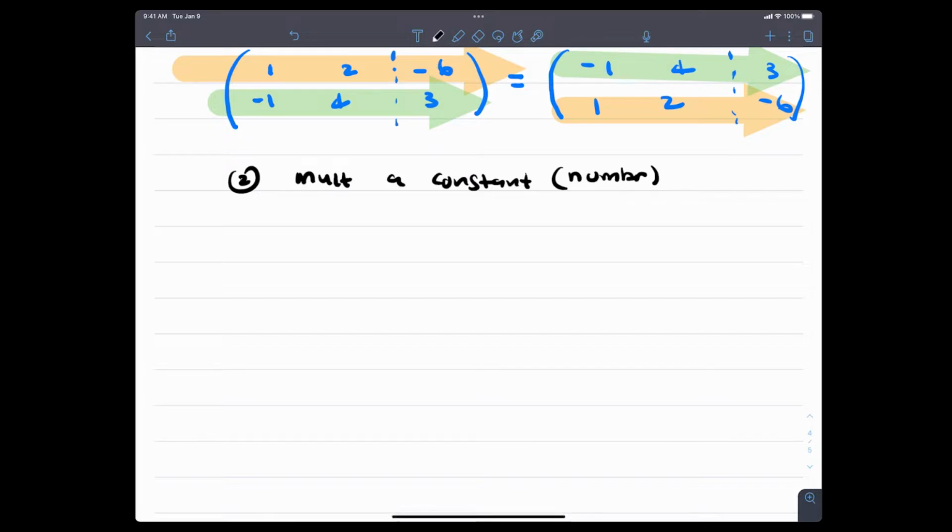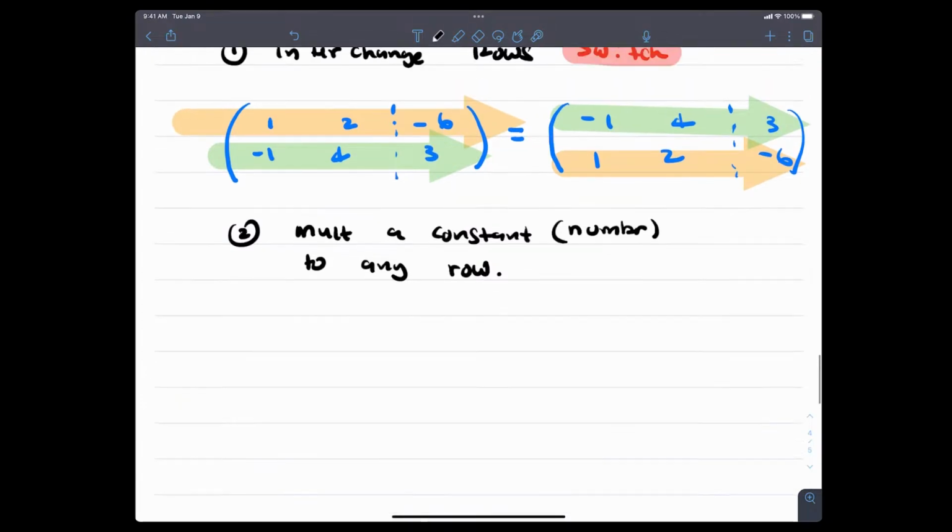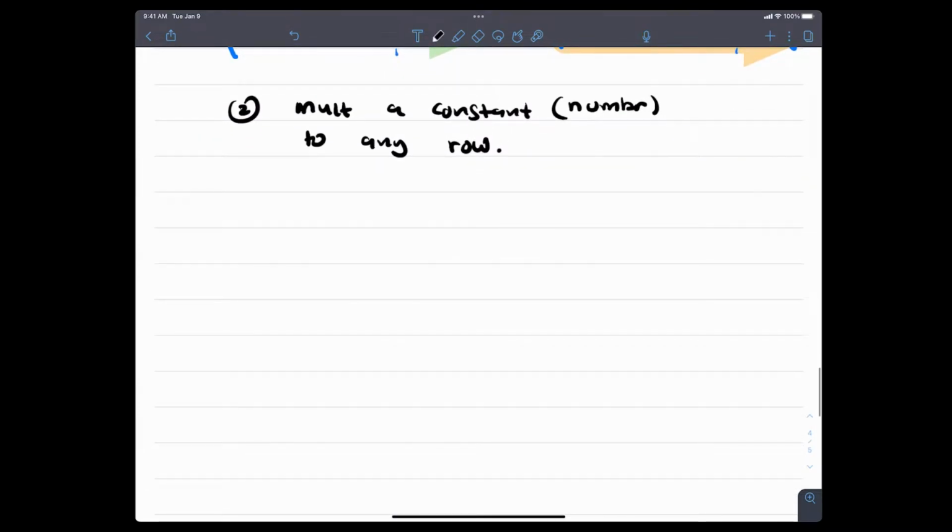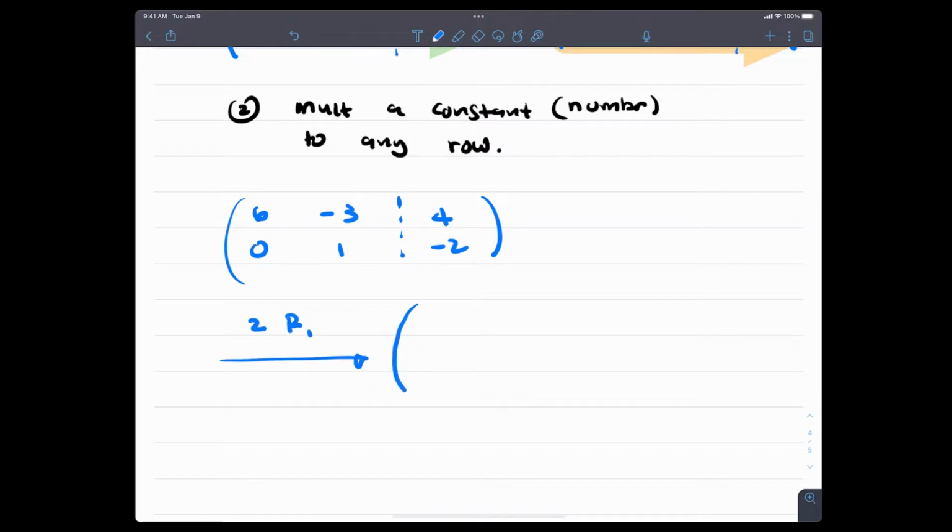We can multiply a constant to any row. Say we have 6, negative 3, 4, 0, 1, negative 2. Okay? So here's an example of what I mean. I'm going to multiply 2 times row 1. Okay? I can multiply a constant.